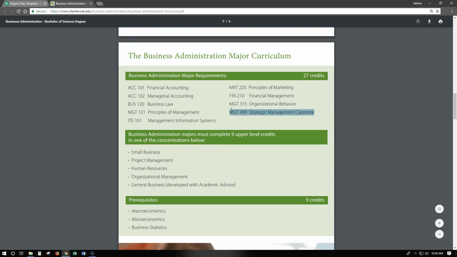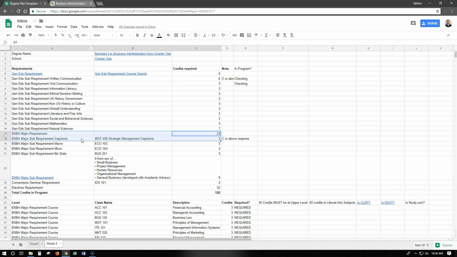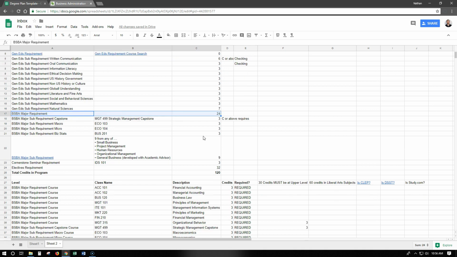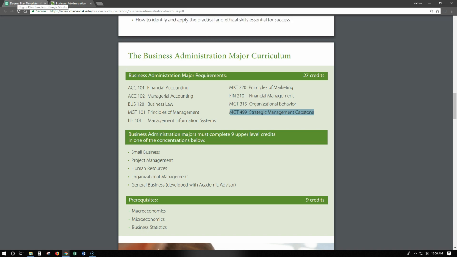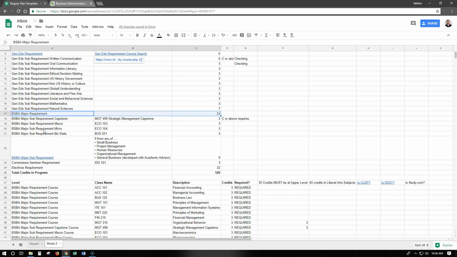So out of those 27 credits, apparently we actually need to take 1, 2, 3, 4, 5, 6, 7, 8, 9 times 3 is 27. These are all the requirements. So realistically, in this BSBA major requirement, we started at 45 here. Once we actually started breaking out the individual sub-requirements of the degree, we can see that really there's no give here whatsoever.